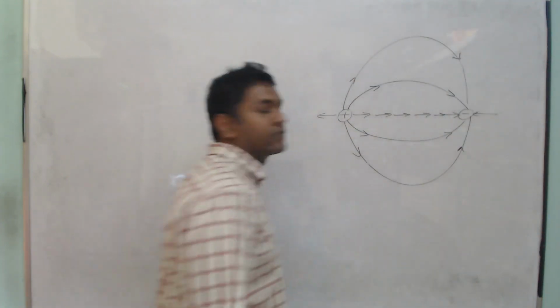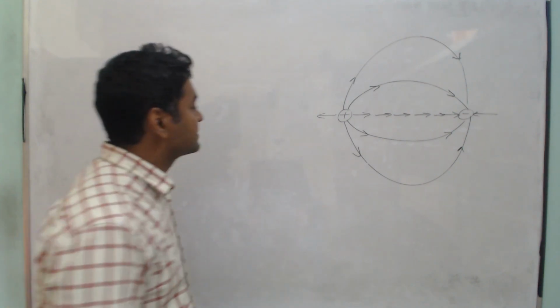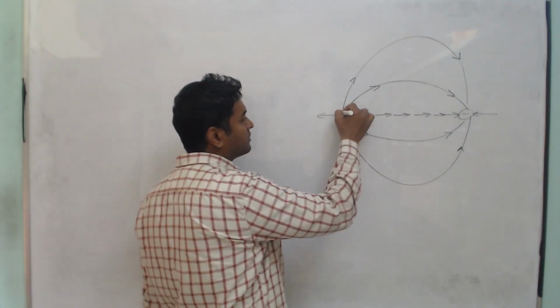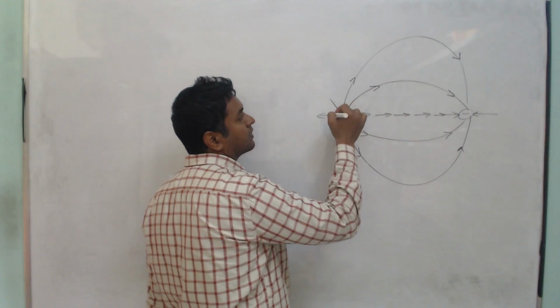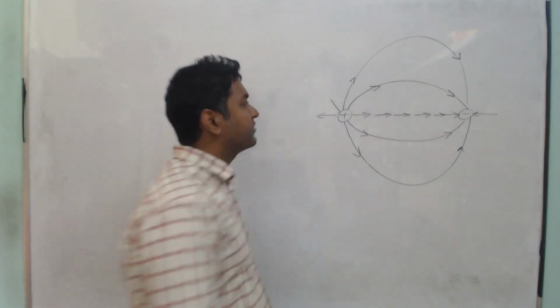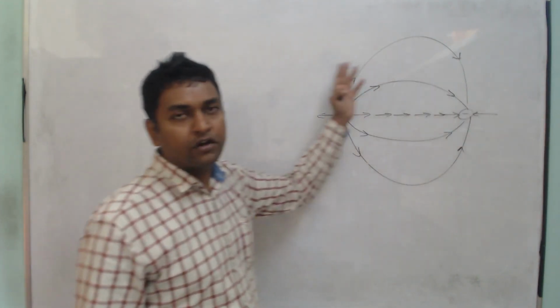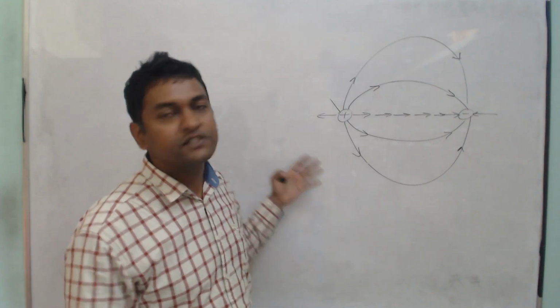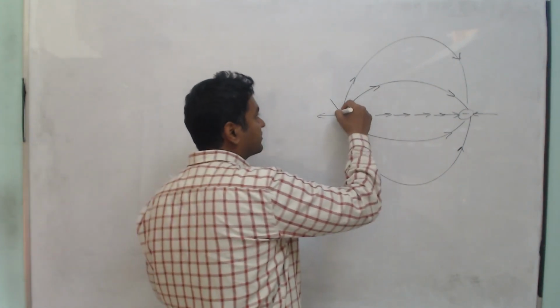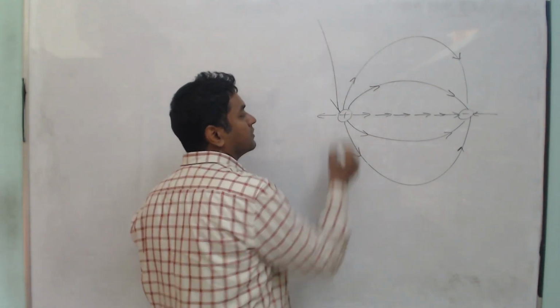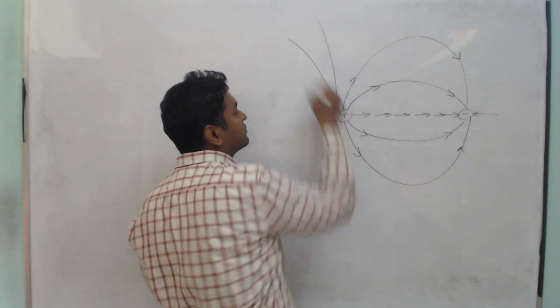Now, some field lines which are coming from here go away; the effect of it might not be as much as the positive charge, so it goes away.